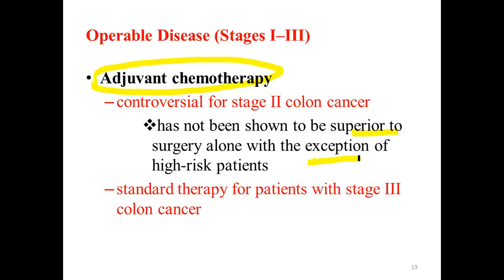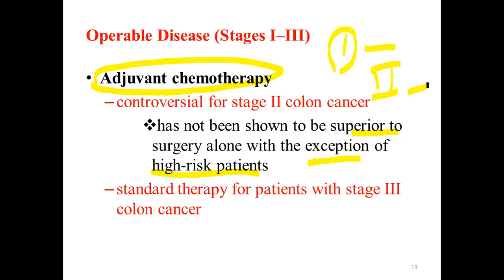So most guidelines say stage 2 is controversial, but for high-risk patients consider adjuvant chemotherapy. Don't forget, surgery is usually given for all, stage 1, 2, 3, but in stage 1 surgery alone might be sufficient. Stage 2 is controversial, but considered for high-risk patients.